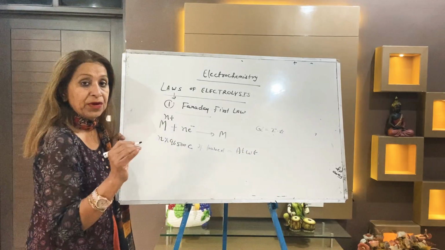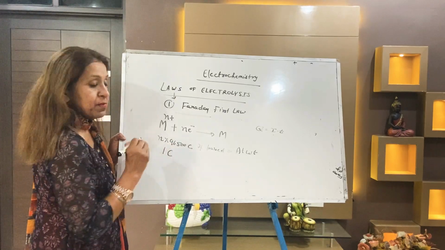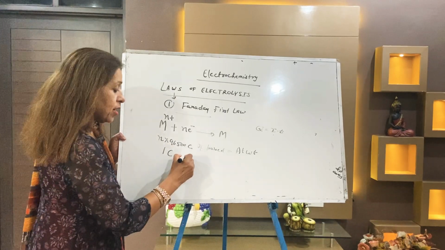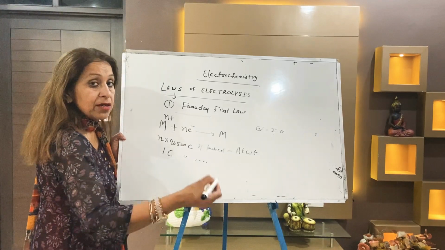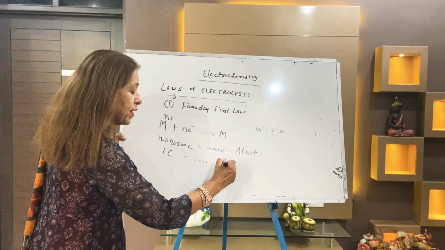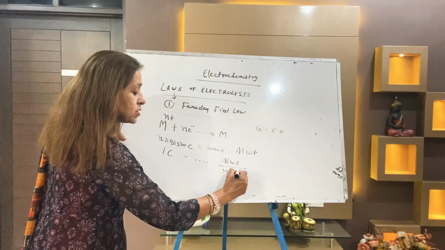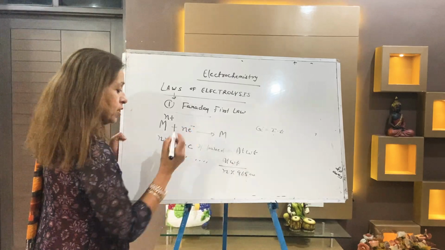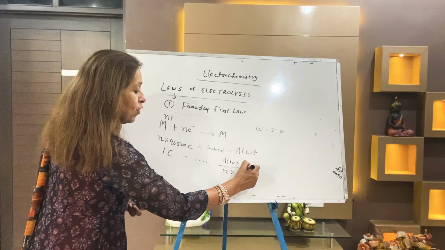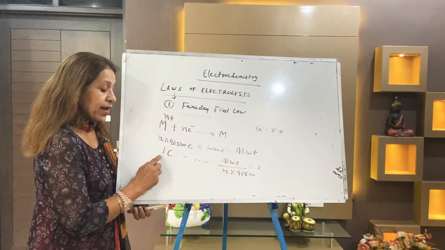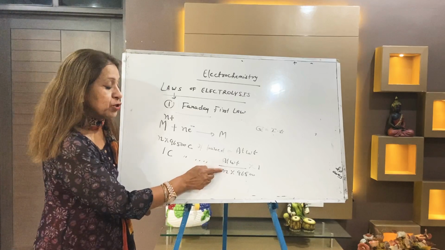And if just 1 coulomb is passed, then how much metal is liberated? It is atomic weight divided by n into 96500, that is atomic weight divided by 96500 into n. That means 1 coulomb of charge always deposits this much metal.